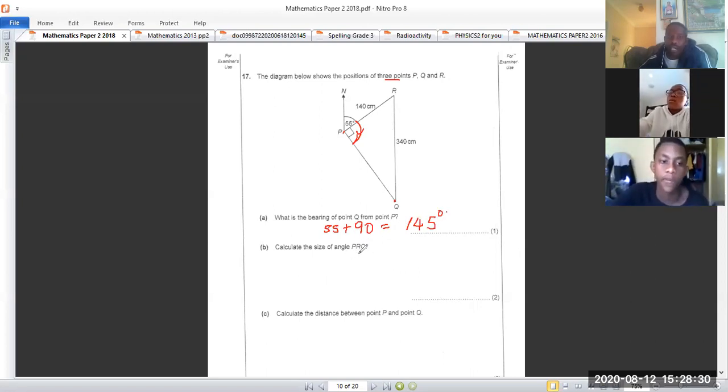Next question is calculate the size of angle PQR. Okay, this angle here.